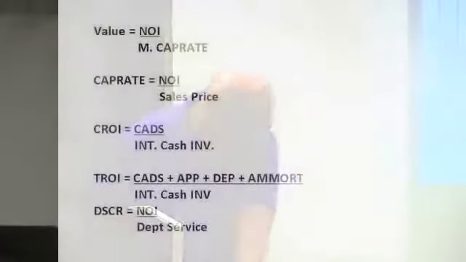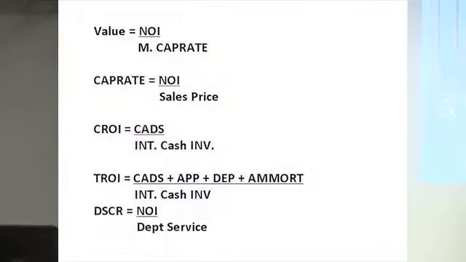And finally, DSCR, which is going to equal your NOI divided by your debt service. Sorry, it's not all fitting on the screen, but maybe I can fix that. Anyway, you get the point.